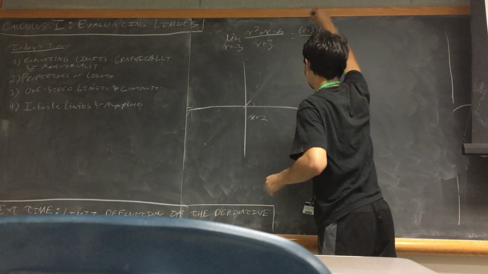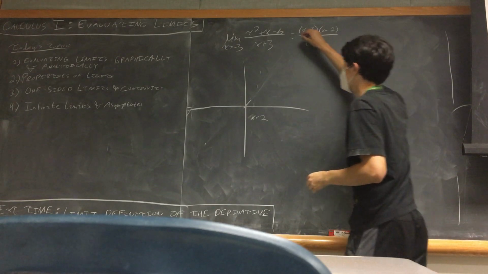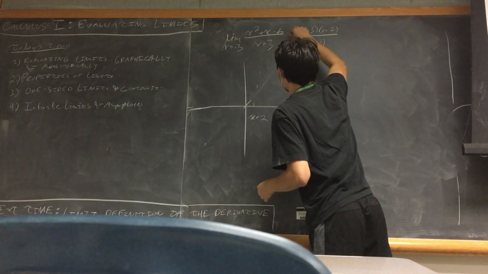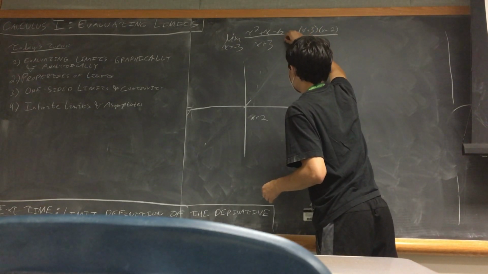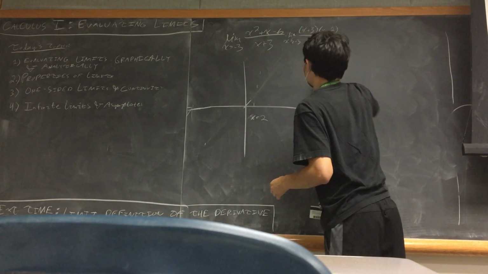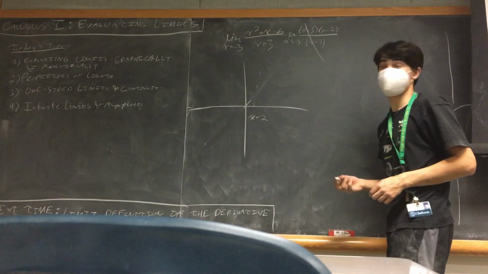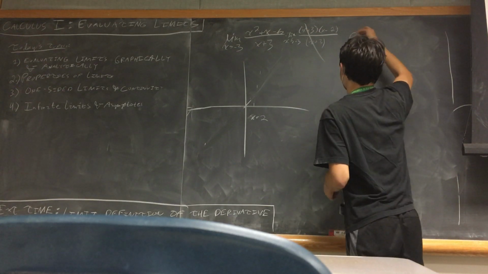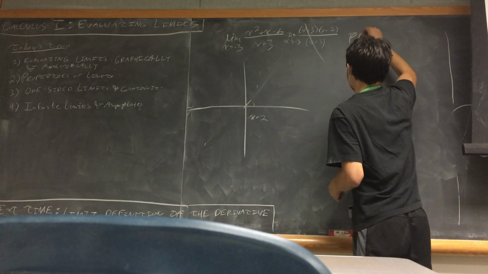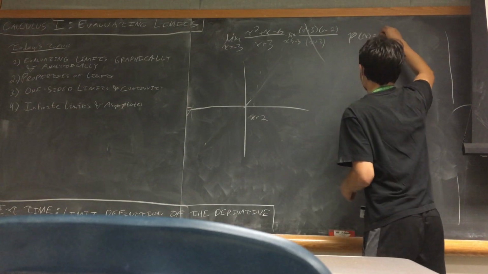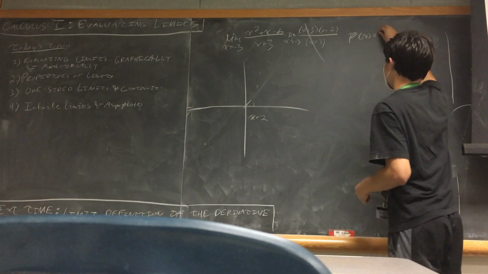So this does equal this. This here is once again the limit as x approaches -3. And we can cancel these out to find our p of x is equal to x minus 2.